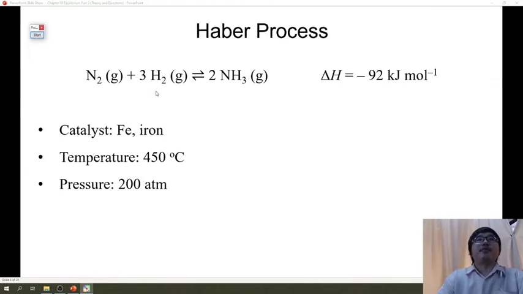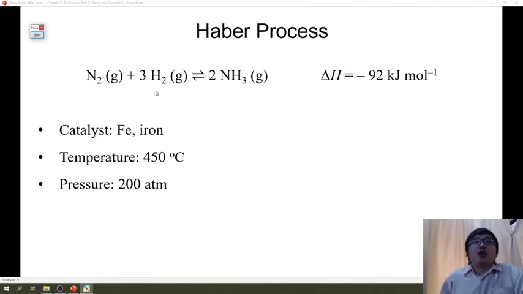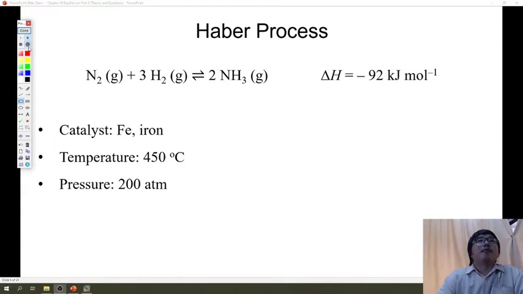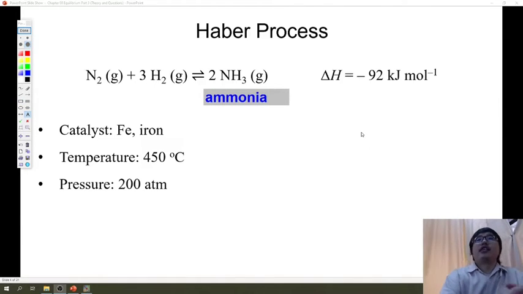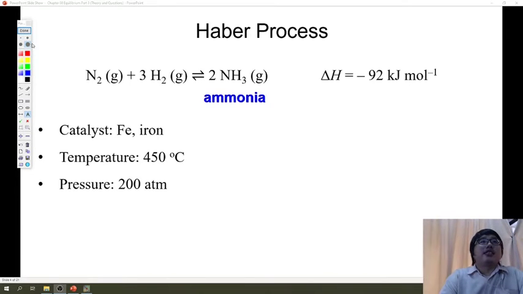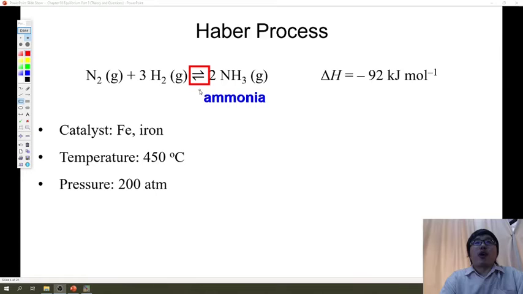Now, the Haber process is a well-known industrial process to form ammonia. Why is this inside the chapter? Because of this equilibrium arrow right here.